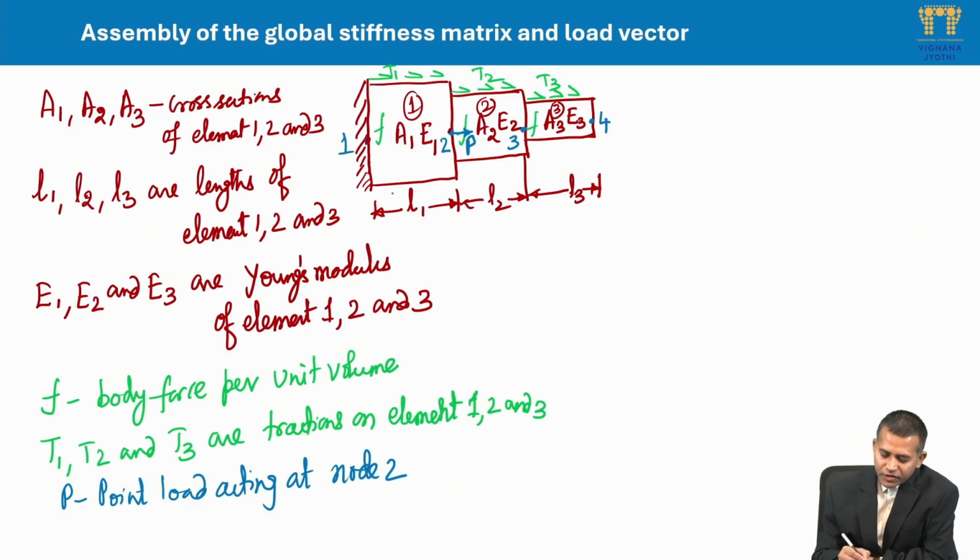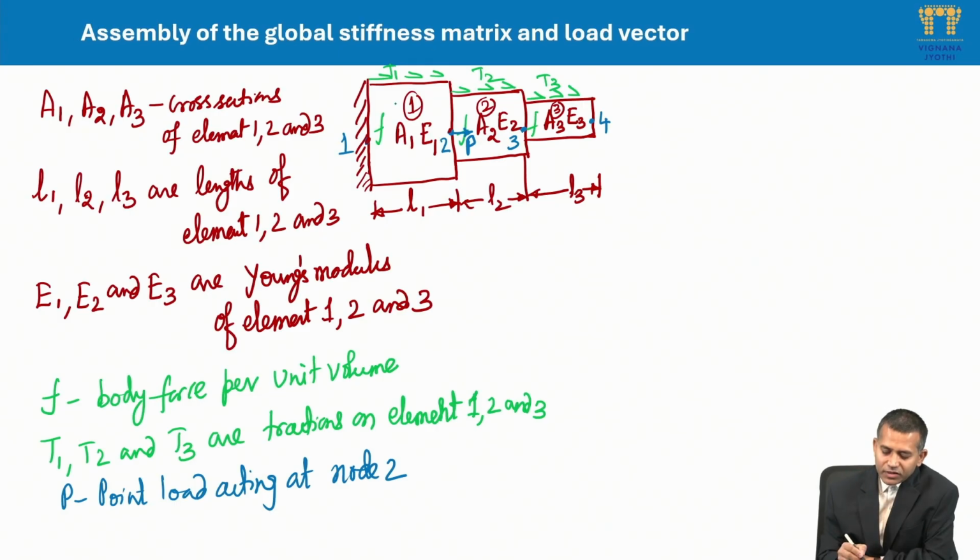If we take the first element, we have 2 nodes, and at each node we have only 1 degree of freedom, because we are looking at it in one dimension, that is in the x direction. So total we have 2 nodes with 1 degree of freedom each, that means only 2 degrees of freedom. Your stiffness matrix size depends upon the total degrees of freedom in a given element.